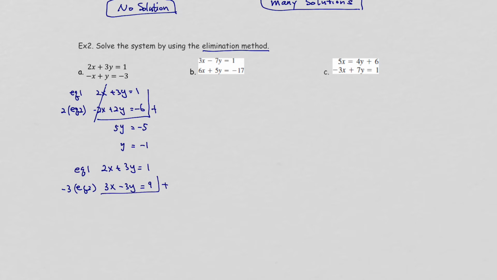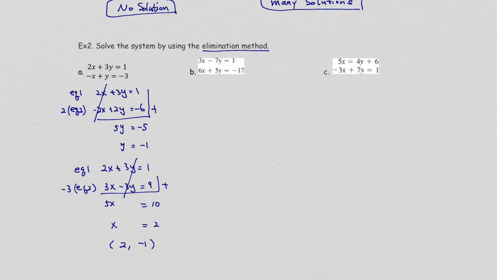Let's add it. That will give you 5x, no more y variable, equals 10. Divide both sides by 5, your x is 2. So your solution here, your x is going to be 2, y will be -1.